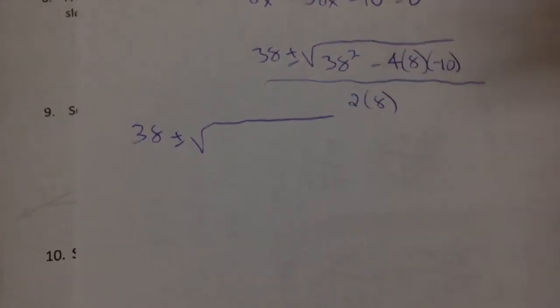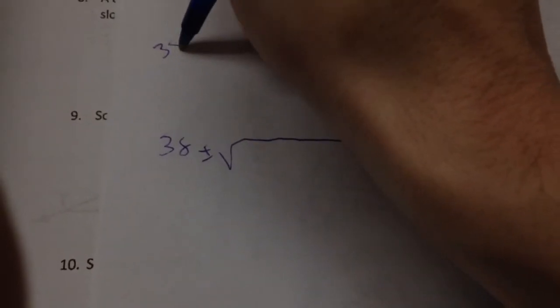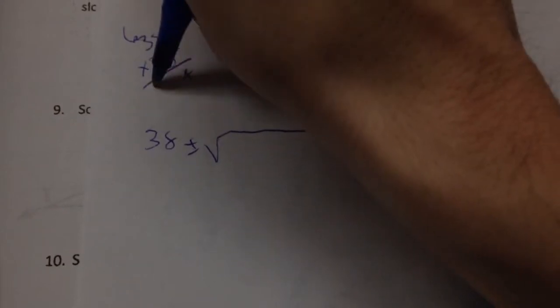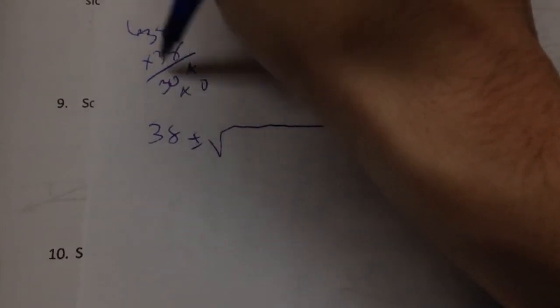So 38 plus or minus 38 squared. I'll have to do that off to the side. 4, carry my 6, 24 plus 6 is 30. 3 times 8 is 24. Carry my 2, 9, 11.